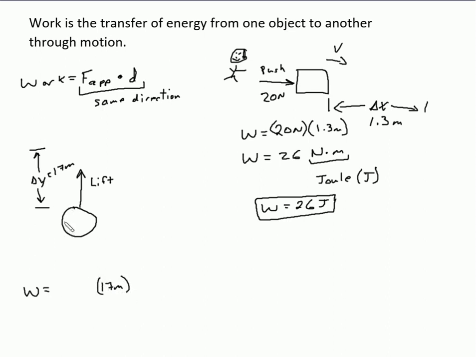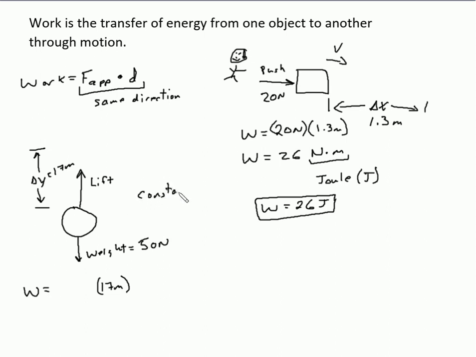We need to know what the force is here. And so the object itself, let's say I tell you it has a weight. Right, a weight of 50 newtons. So typically when you lift something, or something is lifted by a machine or a person, typically that lifting is going to be at constant velocity.